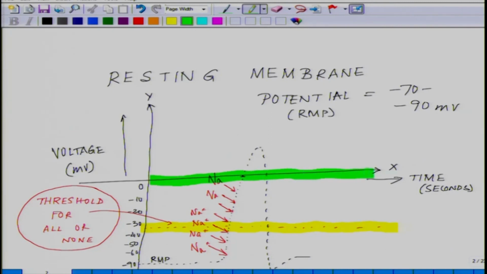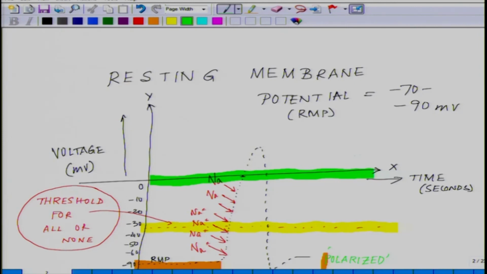At this stage, in the beginning while it was sitting, the cell was in a polarized state. Of course, it is negatively polarized as compared to outside.